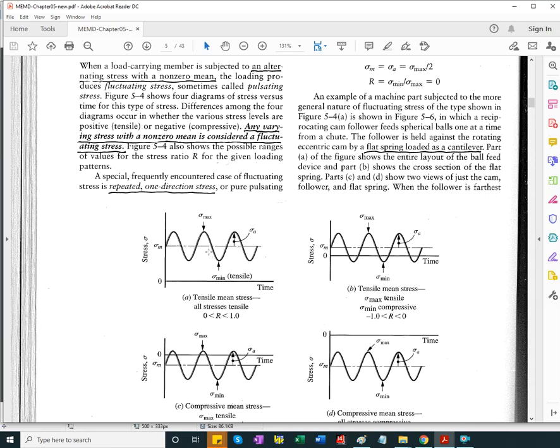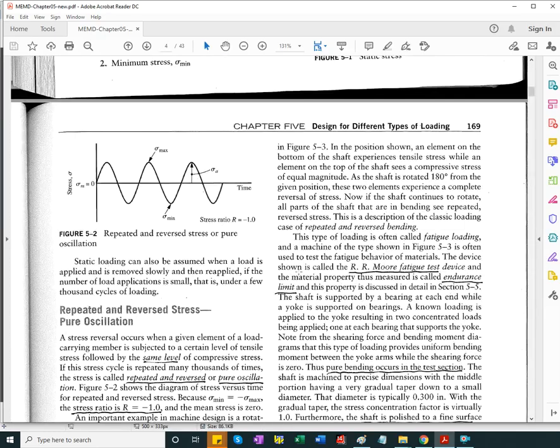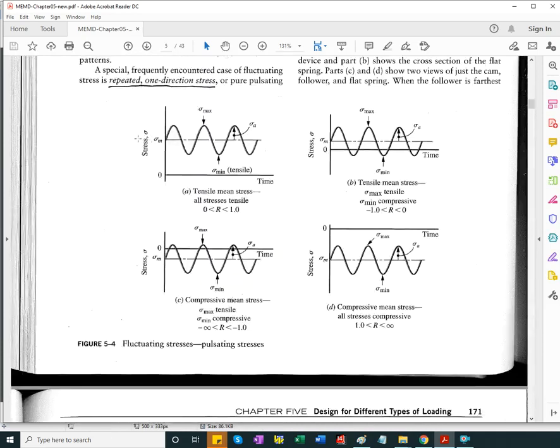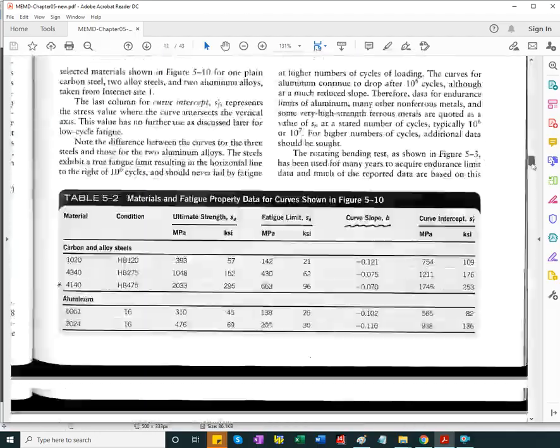Or maybe you are on a diving board, you move to the end of the diving board, stay there, the board is sagged, and then you squat and the board oscillates about a mean stress. So how are we going to expand the results of this test with all the corrections to the cases where we have non-zero mean stress and of course a non-zero alternating stress? This is what this section is about.